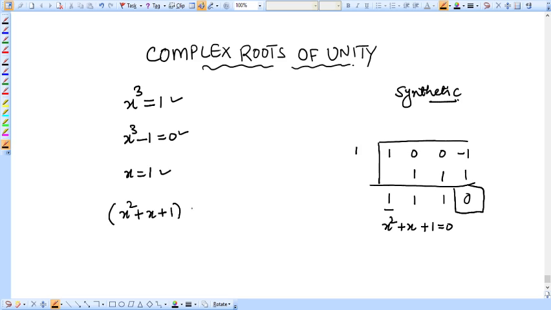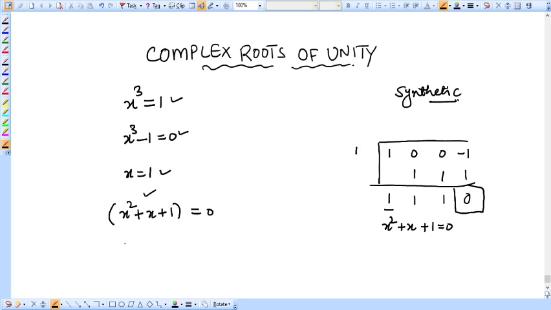I mean to say, if I multiply this equation with x minus 1 we get x cube minus 1. So if one root is given by x minus 1, the rest of the two roots will be given by this equation.